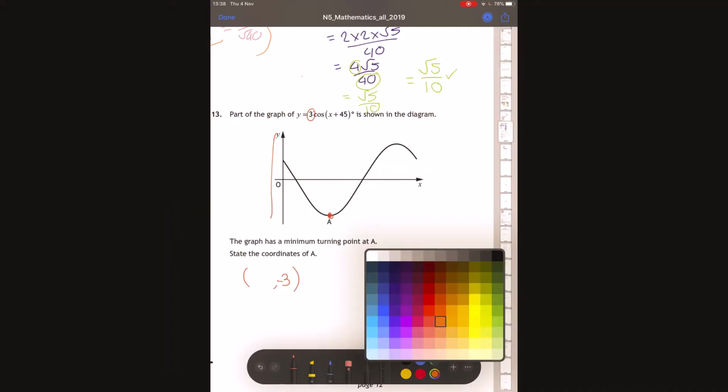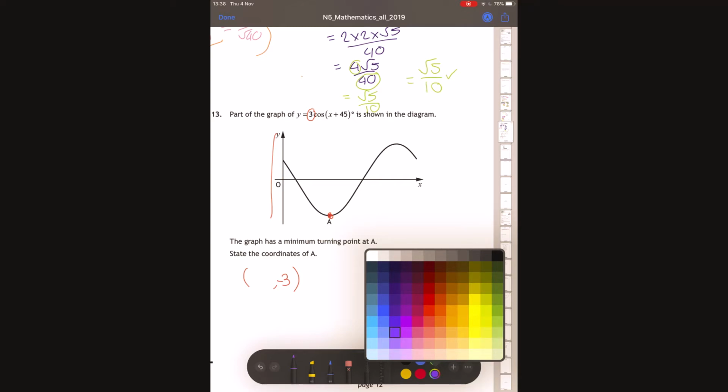But I was forgetting that we actually had to do a coordinate, didn't we? So I got the 3 from the amplitude, so it's 3 below, and then it's negative because it's underneath the x-axis. Hope that helps.